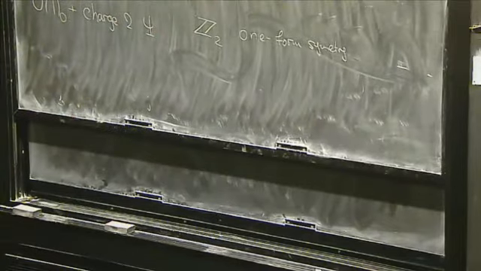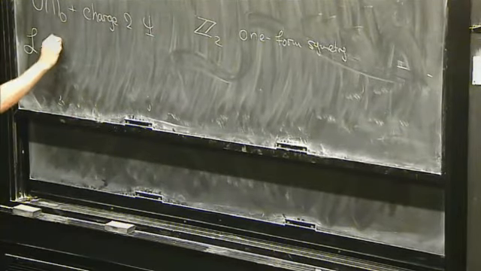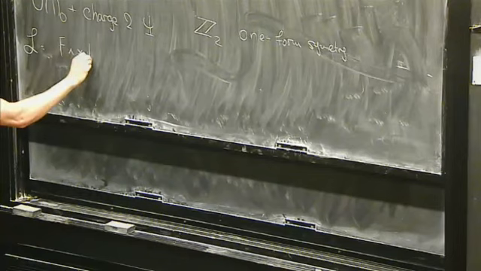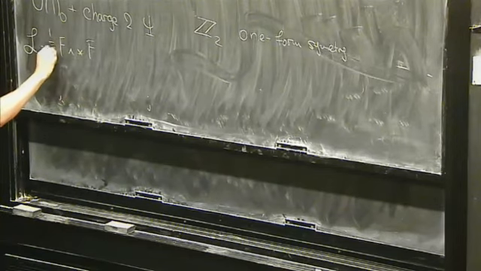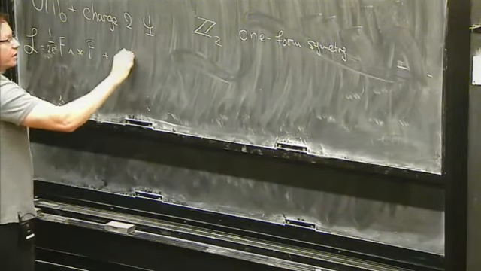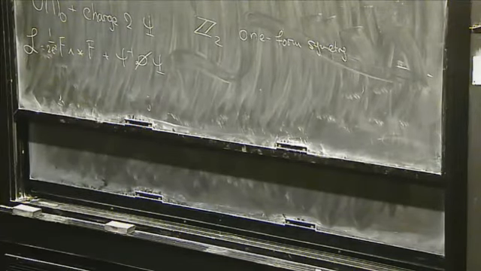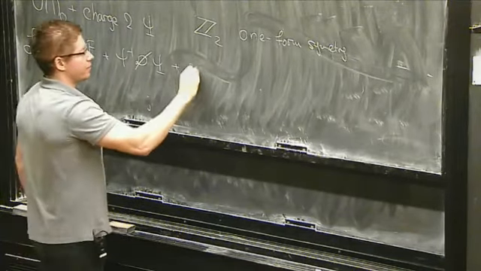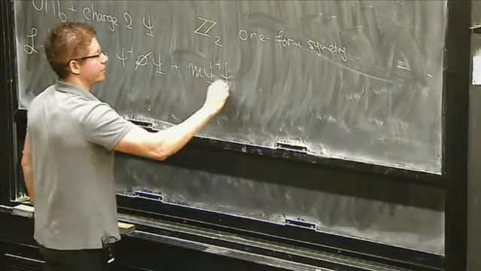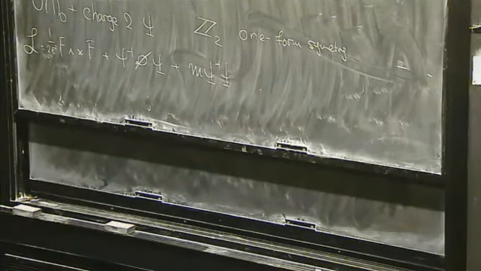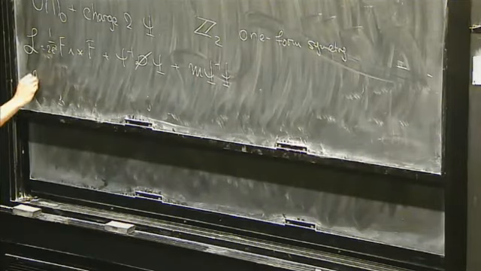So let's write the Lagrangian. The Lagrangian is F wedge star F plus psi dagger D psi, where this is a charge 2 particle, so the covariant derivative is appropriate. And then we have a mass like this. And the mass could be any real number. It could be either positive or negative or vanishing.